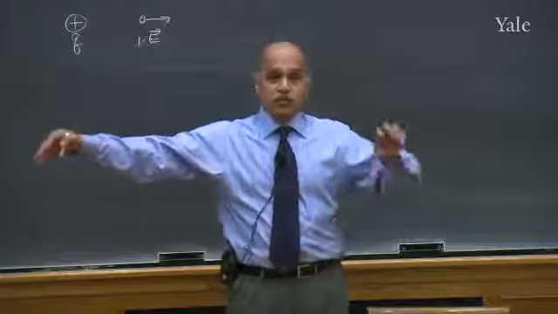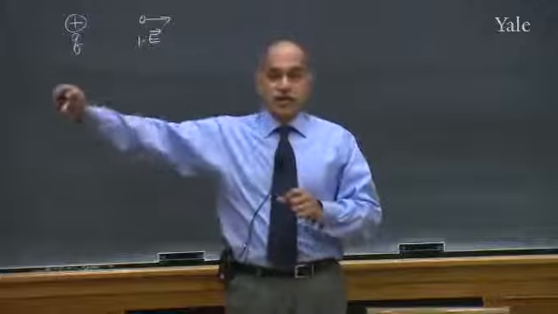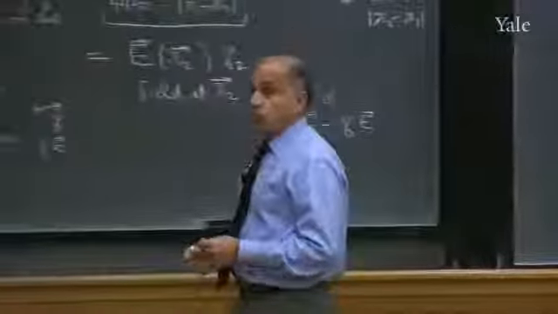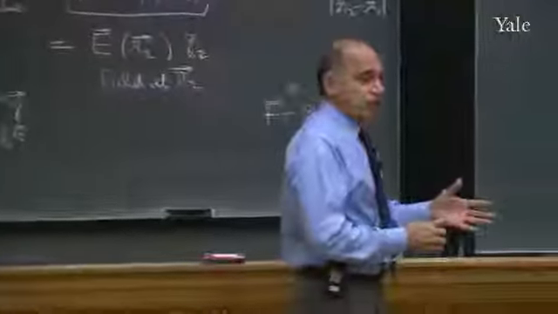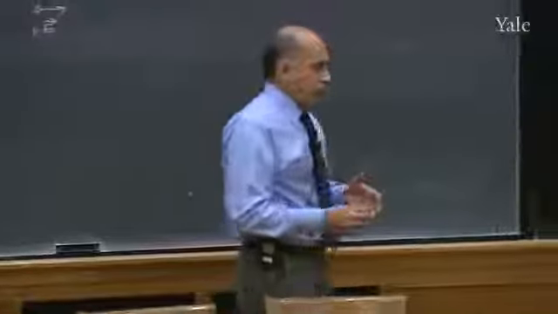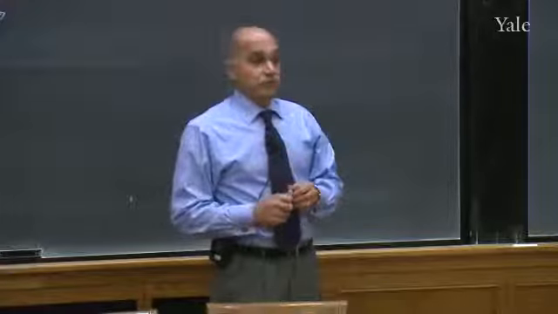So it's not responding to the charge right now, it's responding to the field this charge produced at its location. So all of electromagnetic theory is going to contain two parts. First part is find the field due to this charge configuration, that charge configuration, maybe due to various currents. The second part is, given the field, find the response of charges to the field.